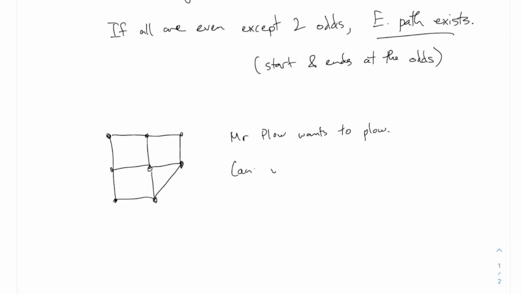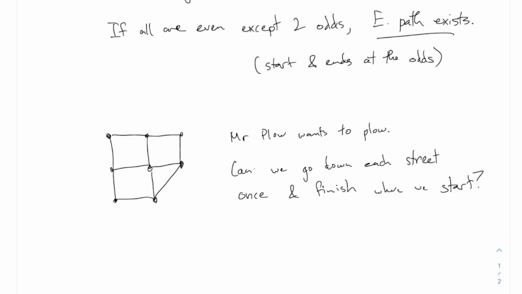So can we go down each street once without repeating any and finish where we started? This question that I'm asking is really just, is there an Euler circuit or not? And the answer is, well, you look at the degrees of each vertex.